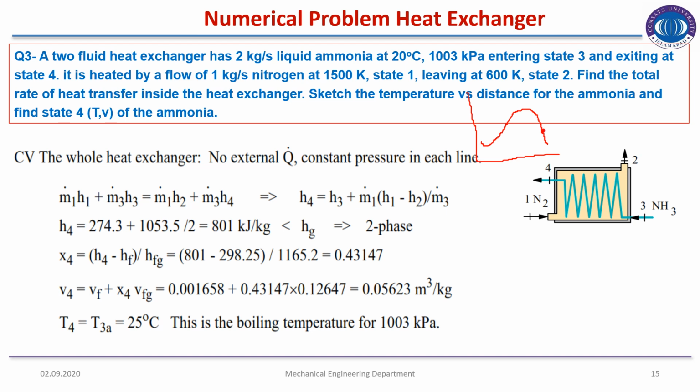The enthalpy at the saturated vapor line is Hg. If the enthalpy is less than the saturated vapor enthalpy, then the substance is in vapor and liquid. The region under the dome is vapor plus liquid. So that means two-phase, vapor plus liquid, because the enthalpy is less than the Hg.